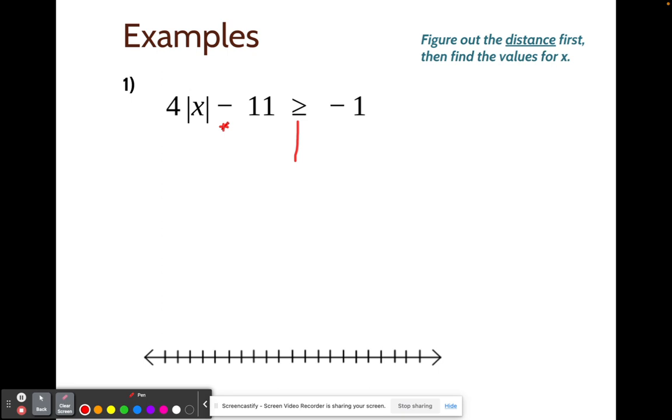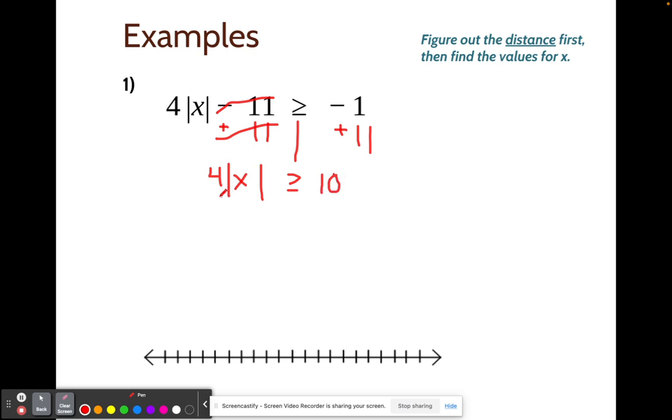So first I'm going to send home that constant. I'm going to add 11 to both sides. This will cancel out, and I'm left with 4 times the absolute value of x is greater than or equal to negative 1 plus 11, which is 10.